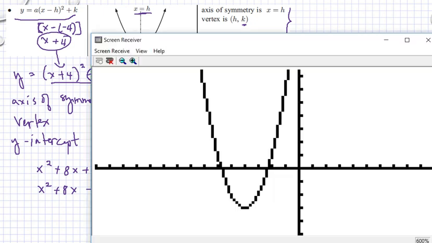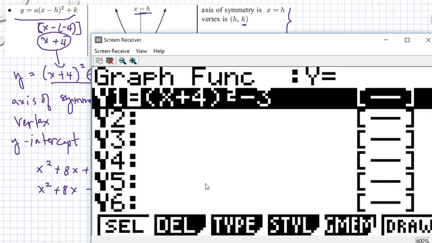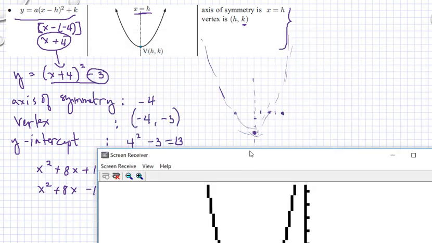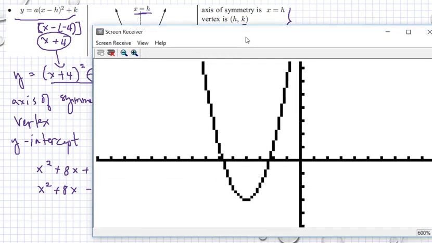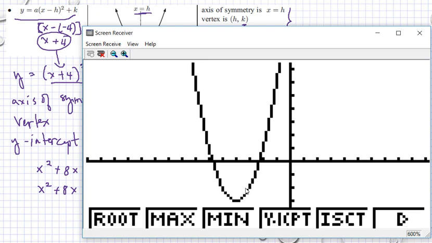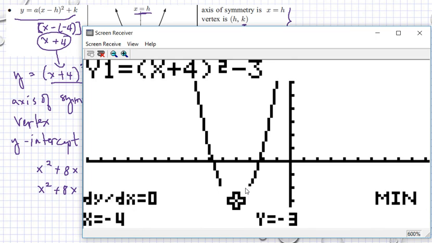I will show you my graph. We have x squared plus 4 minus 3. Oh, it's not that bad. We did it. Okay. And if you want to solve for your minimum point, then we have -4 and -3.